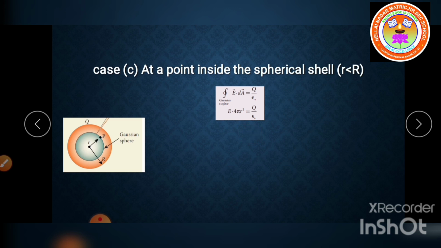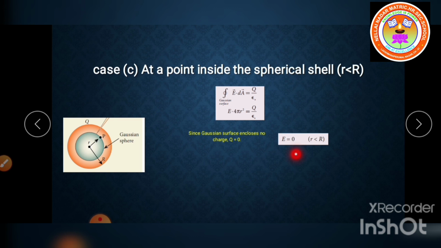One important concept, the Gaussian surface encloses no charge. The Gauss law depends upon the charge present inside the surface. Inside the Gaussian surface there is no charge, that is Q is equal to 0. So when Q is equal to 0, the electric field E is also equal to 0.